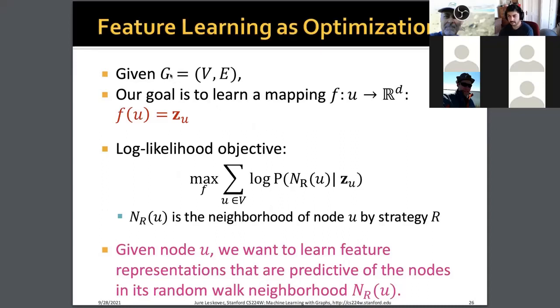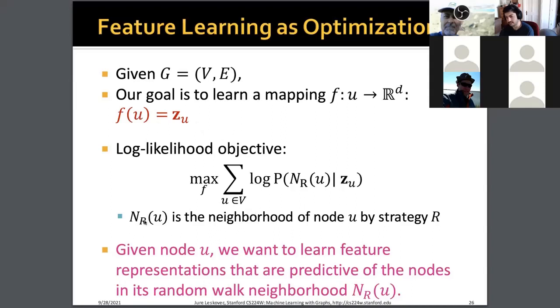So given a graph G, we have different vertices and edges, and then we want to make some mapping to the embedding space. So the Z of U is basically saying we have some function that takes the node U and then maps it to some embedding for U. That's how you read that.